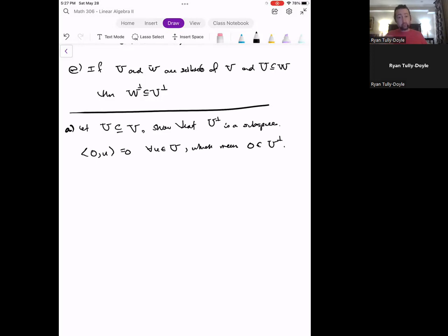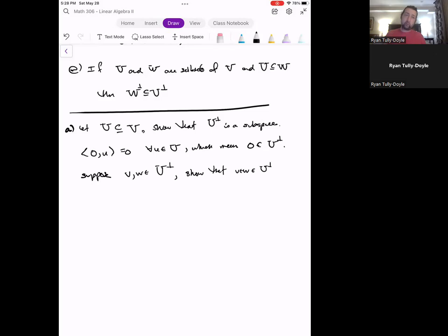Now we're going to show it's closed under addition. Suppose that we have v and w in U perp, and we're going to show that v plus w is in U perp. So what does it mean to be in U perp?